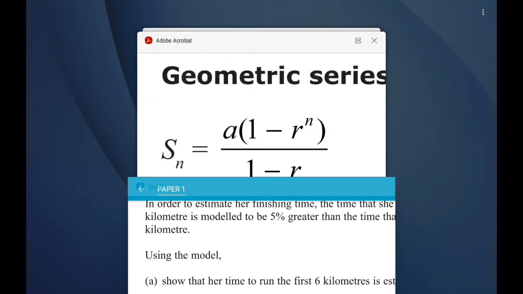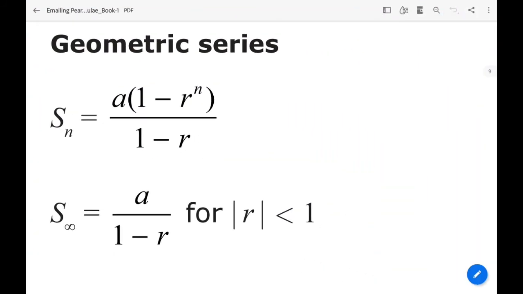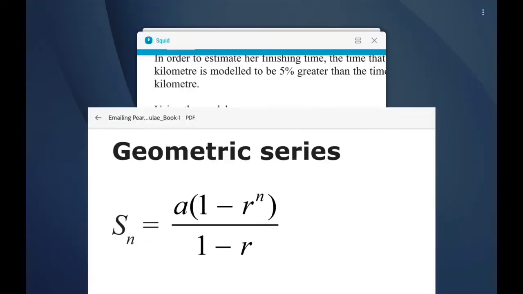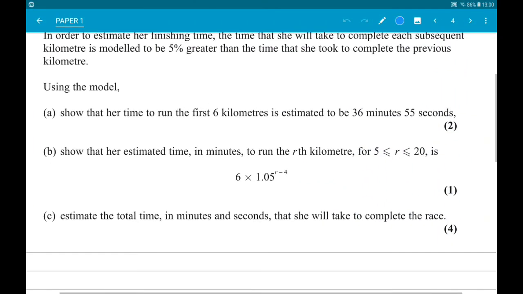So we're given the formula that we need. Now we need r and n. They were horrible in part B by getting r involved. So for that part, I'm now going to use k instead of r.